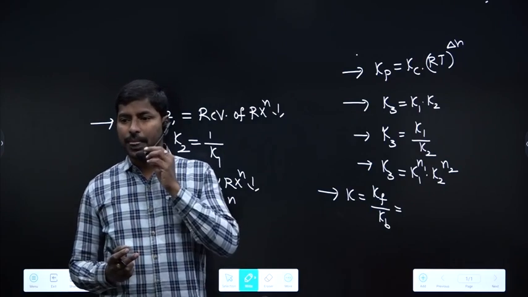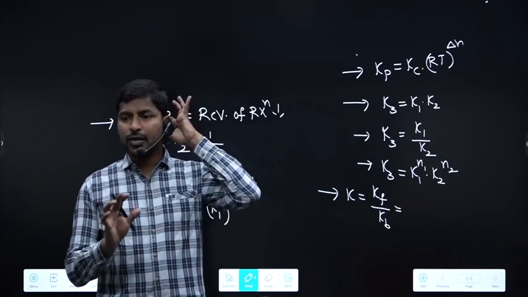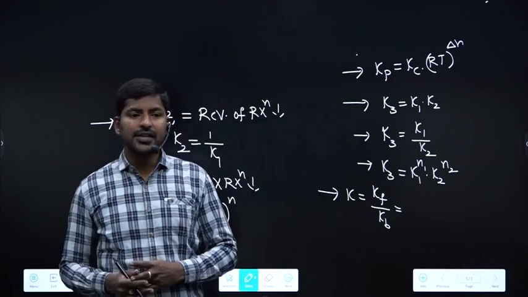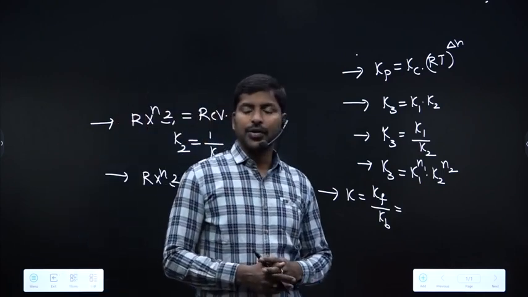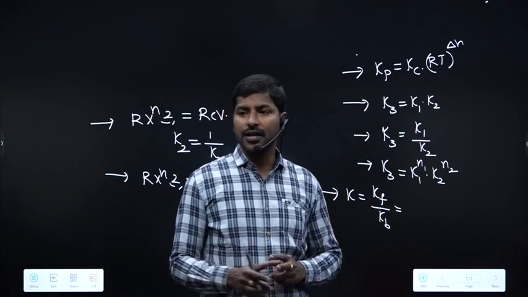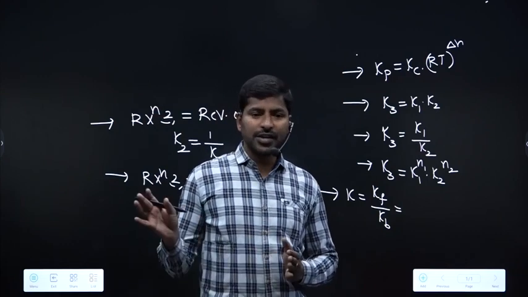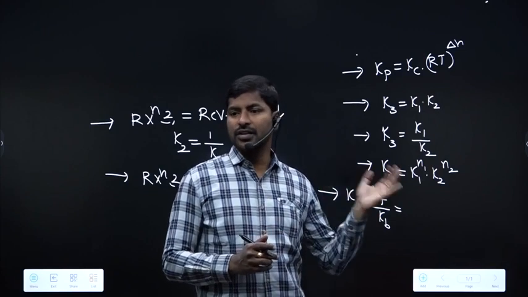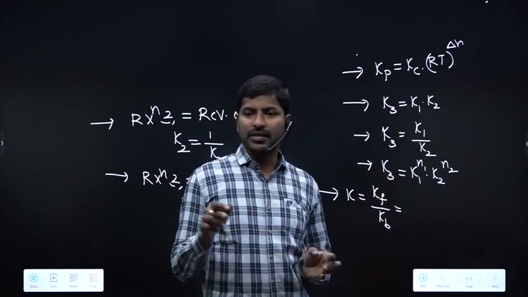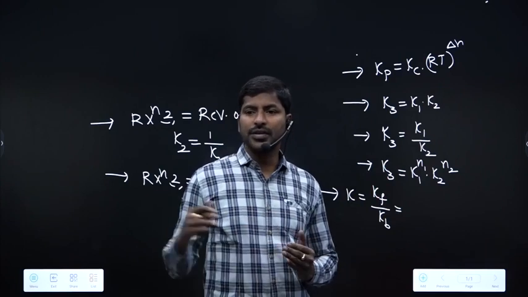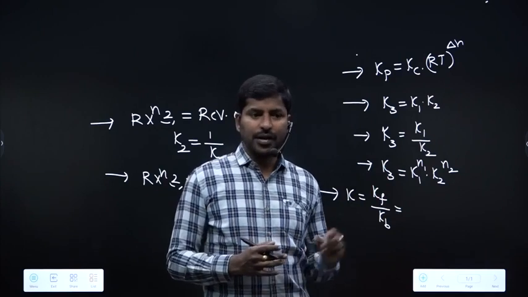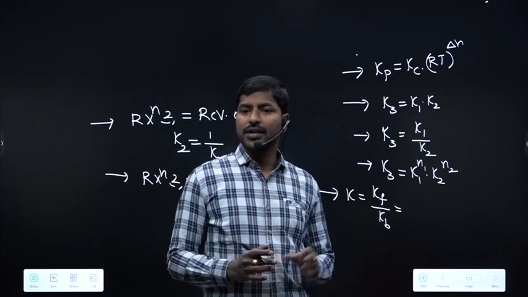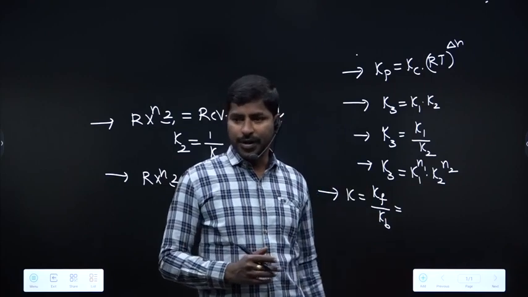By comparing equilibrium constant with the reaction quotient. If reaction quotient value is high, equilibrium proceeds in which direction? Backward direction. If Q is less than K, then it proceeds in forward direction. And if Q is equal to K, reaction is said to be at equilibrium.